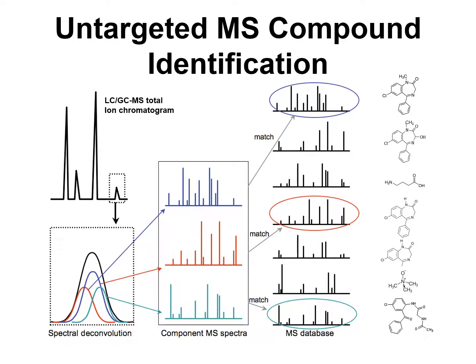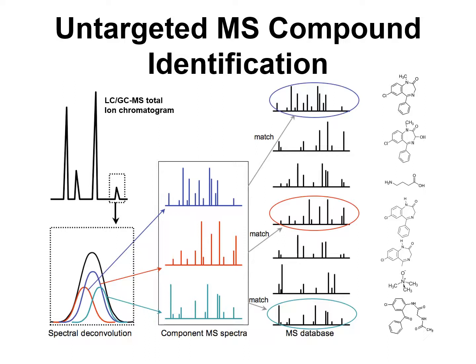So untargeted compound identification is typically described with this sort of simple picture. A total ion chromatogram might be collected. Under any given peak, there could be a few to even dozens of overlapping compounds with their own unique MS-MS spectra, or if you're dealing with GCMS, it would be their EIMS spectra.